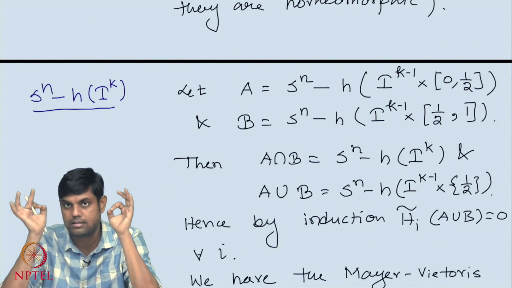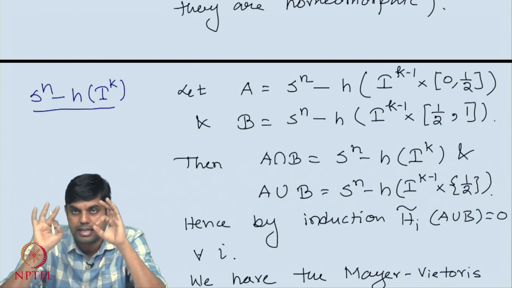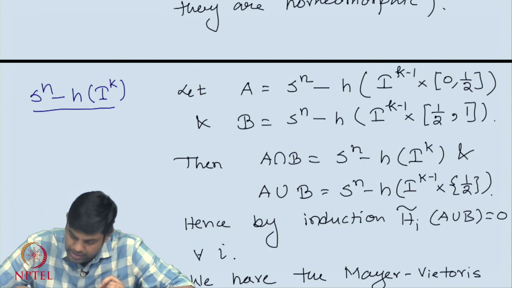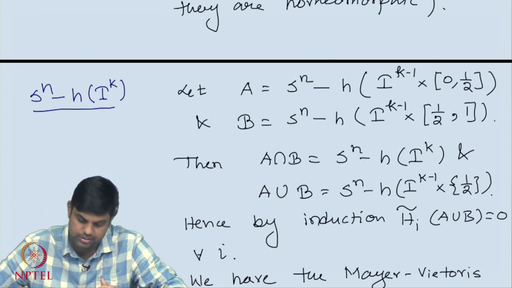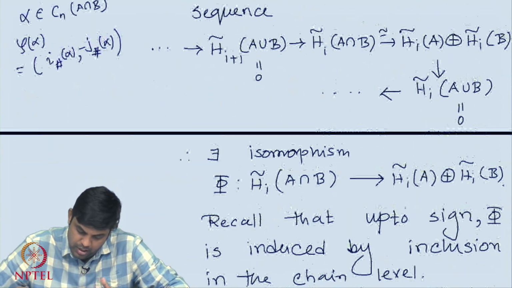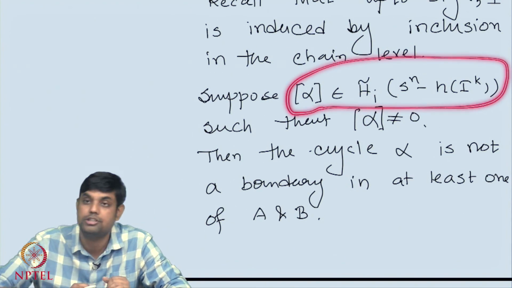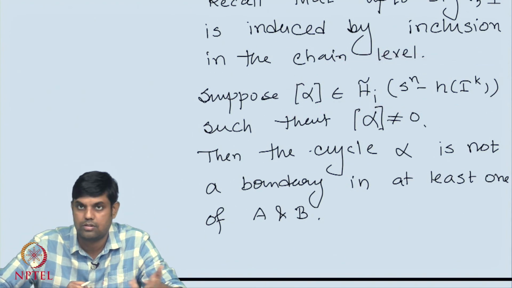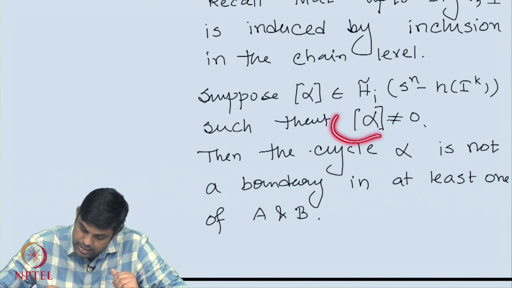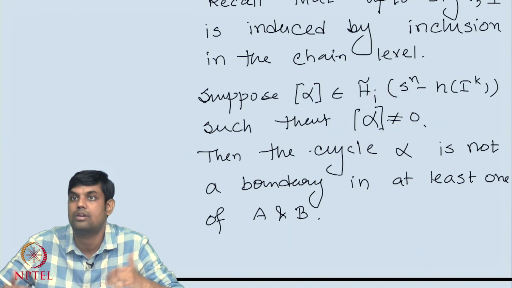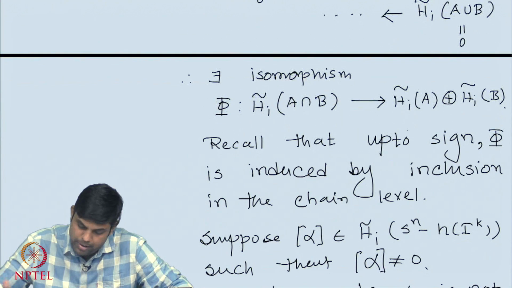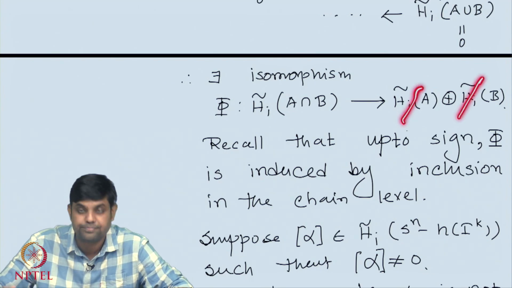There is a slight technicality involved that I want to mention here, which is very, very crucial. So, start with an element, assuming that the homology is non-zero, there is a non-zero homologous element, call it alpha, that is a cycle which is not a boundary. So, it must not be a boundary in either this one or this one.